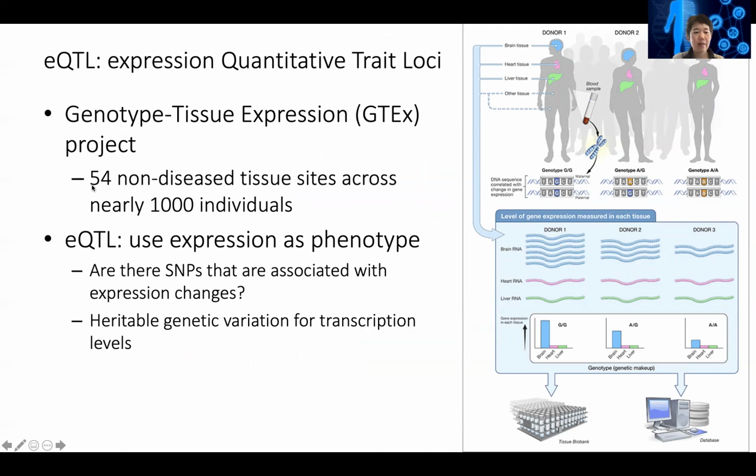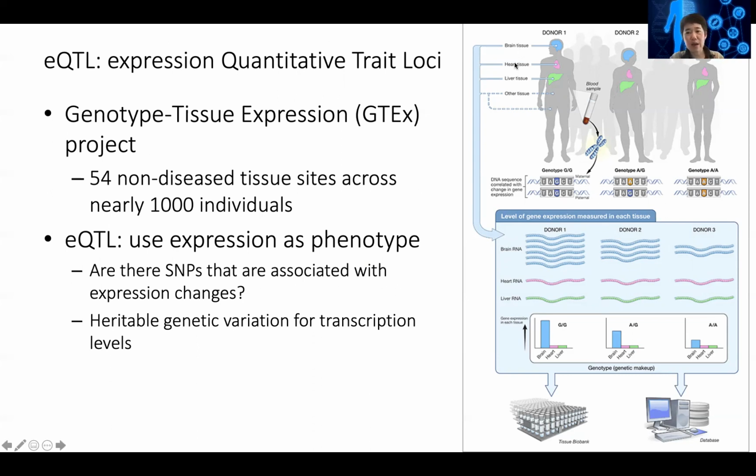So first, they look at 1,000 individuals. These are not people with any specific disease. It's just average people, a lot of whom died from unnatural causes or whatever, and they donated their body to the project, and they take different tissues.